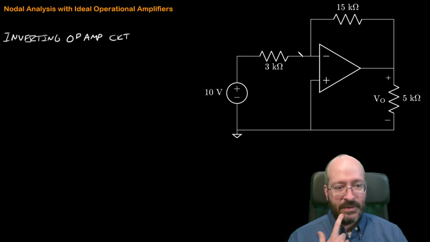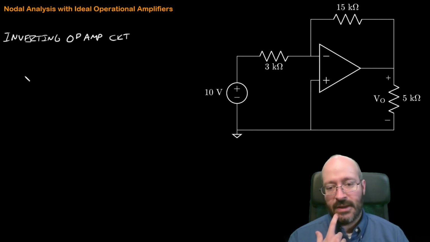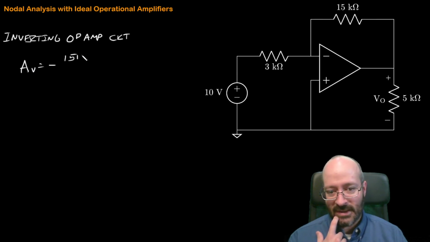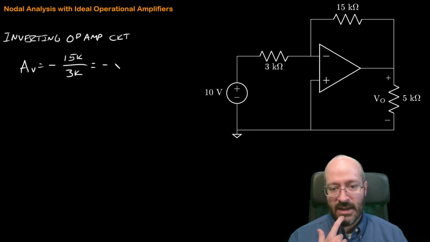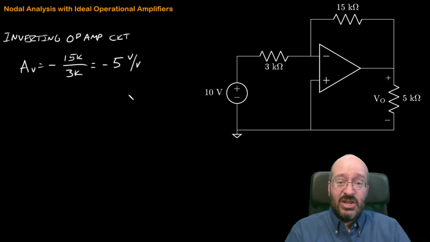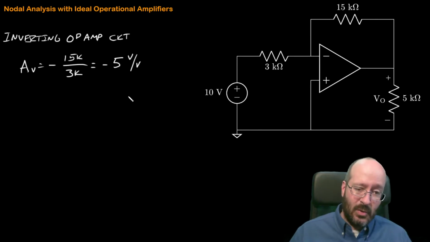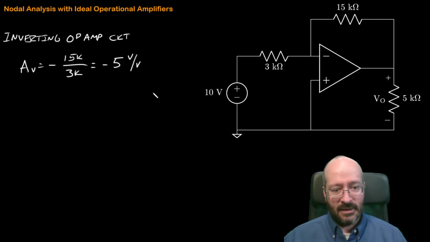We would say, well, it's 15K over 3K. So we would define our voltage gain as negative 15K, the negative is the inverting part, over 3K. That looks like it's going to be negative 5, and the unit on that is going to be volts per volt. This is how you would typically do it, right? You just have to look at the circuit, know what it is, and get there.